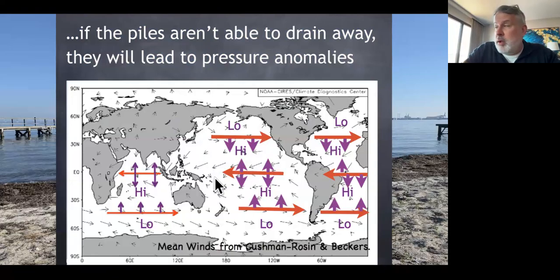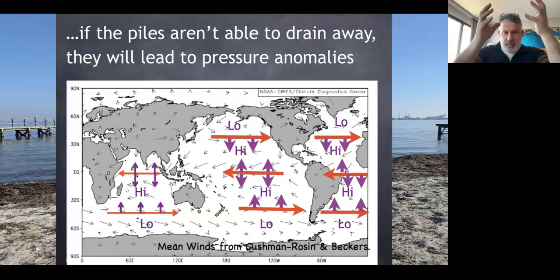Okay, so let's switch gears now a little bit to stop thinking about drifters and surfaces and start thinking about pressure. So we said that the sea surface height was going to be low in the divergence regions and high in the convergence regions, because if that water converges and doesn't drain away, it's going to pile up at the surface where the Ekman transport is converging and deplete the surface height where the Ekman transport is diverging.